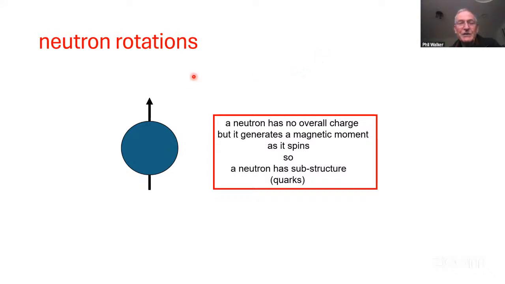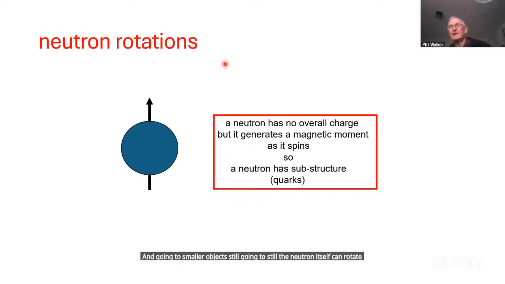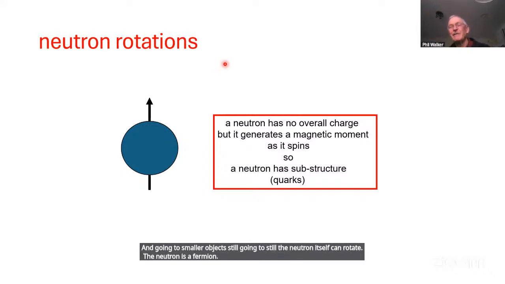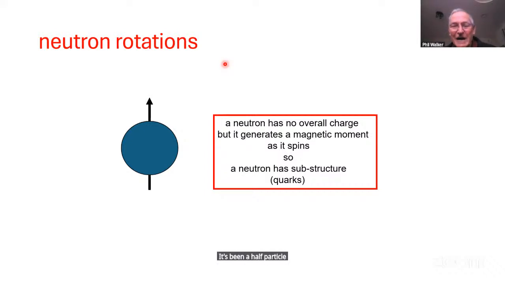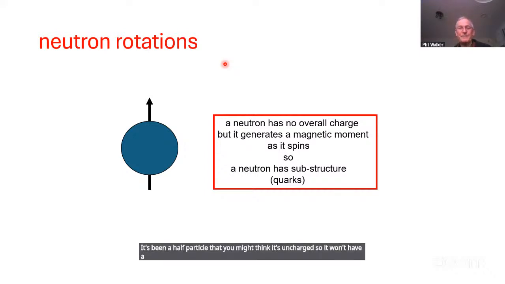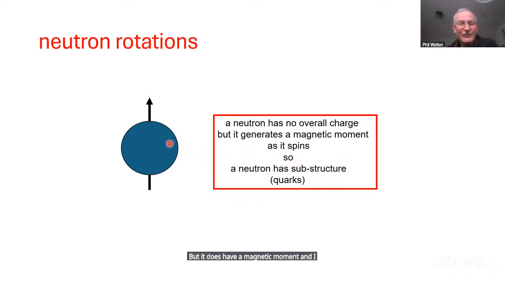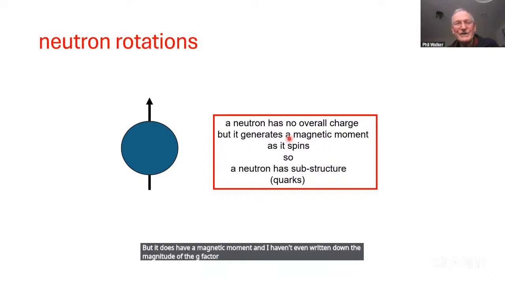And going to smaller objects still, the neutron itself can rotate. The neutron is a fermion, a spin-half particle, but you might think it's uncharged, so it won't have a magnetic moment. But it does have a magnetic moment, and I haven't even written down the magnitude of the G factor. The point I want to make here is far more simple.